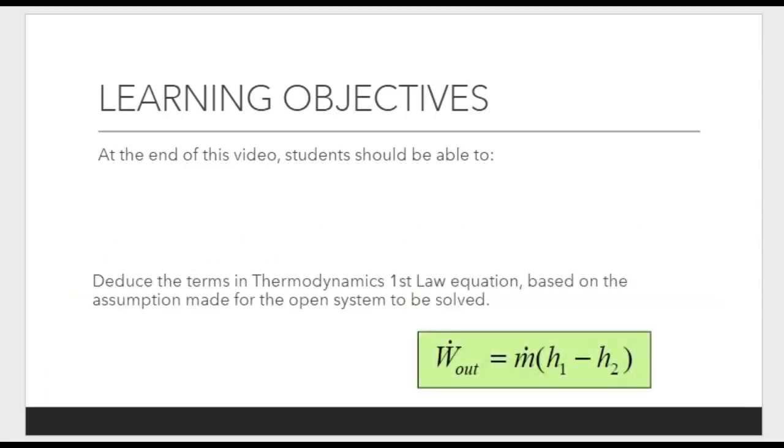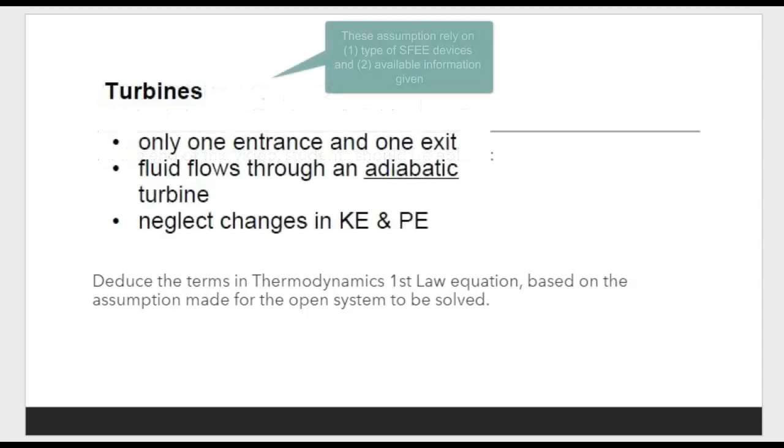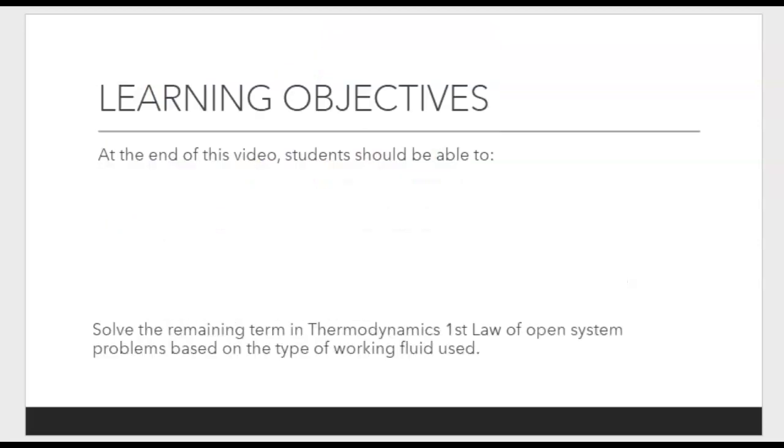Next, you should be able to deduce the terms in the thermodynamics first law equation, where now it is the steady flow energy equation, based on the assumption made for the open system to be solved. Finally, you will have to solve the remaining terms in the thermodynamics first law of open system based on the type of working fluid used.